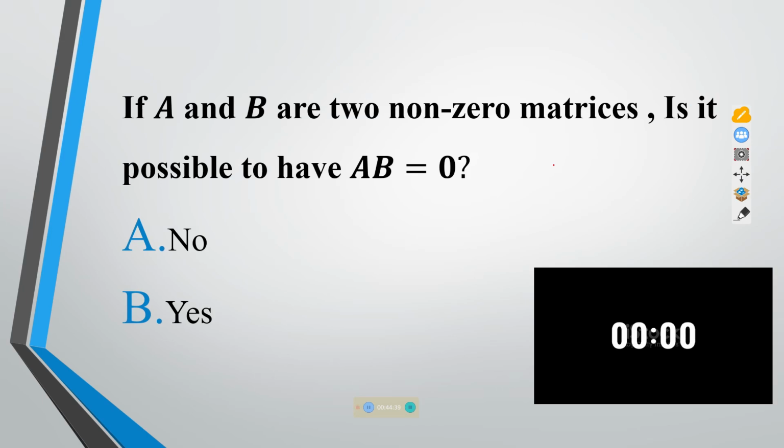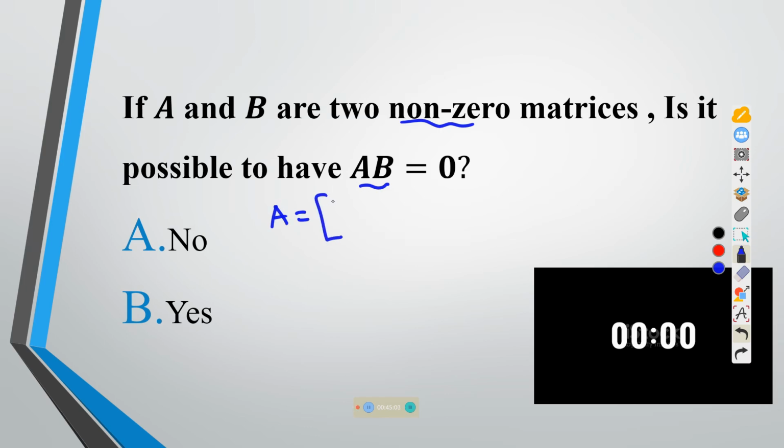So time is up. Let us look at the answer. We are given that A and B are two non-zero matrices, and we want to establish the possibility of having AB equaling 0. So is it possible? If it is possible, then we must be able to show this by an example.